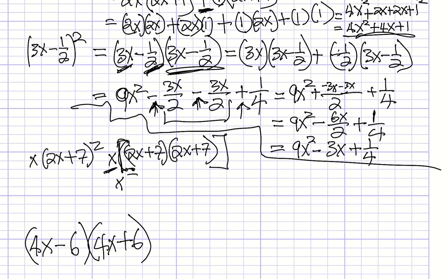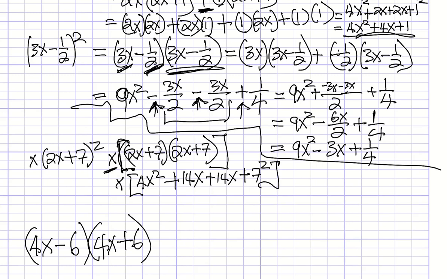You have 2x times 2x is 4x squared. 2x times 7 is plus 14x. 7 times 2x is another 14x. 7 times 7 is 49.